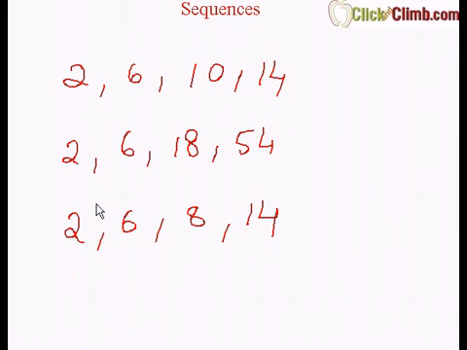The relationship between all these three sequences is that we have 2 and 6 in each. Okay, but then what's the difference?